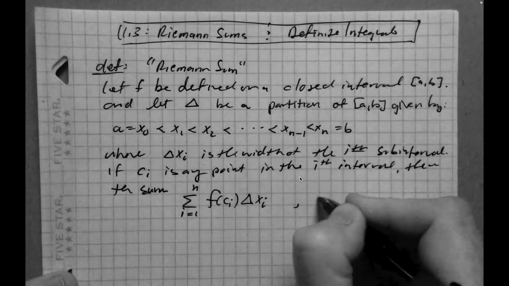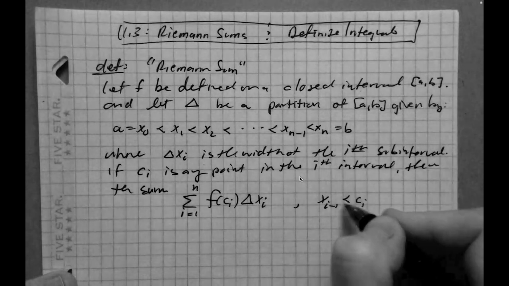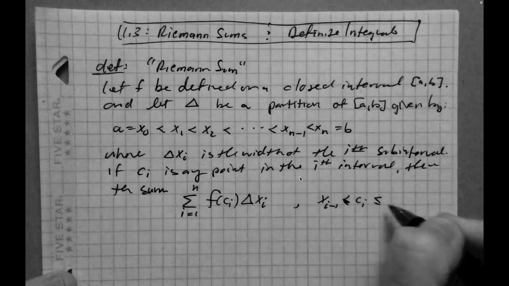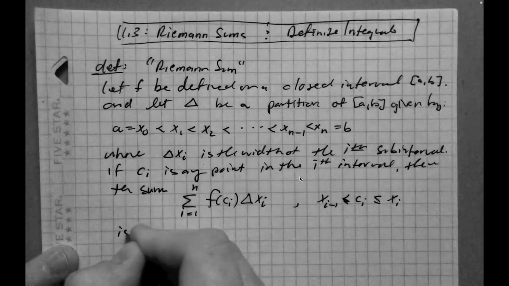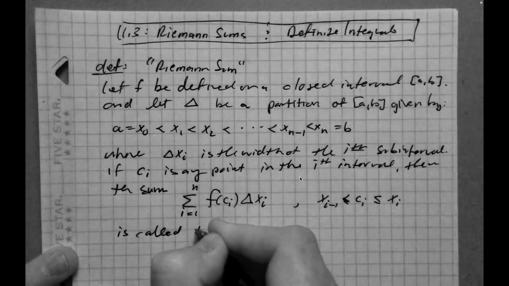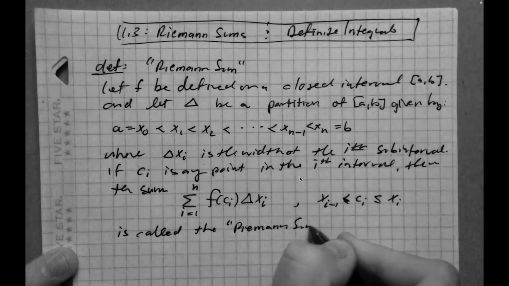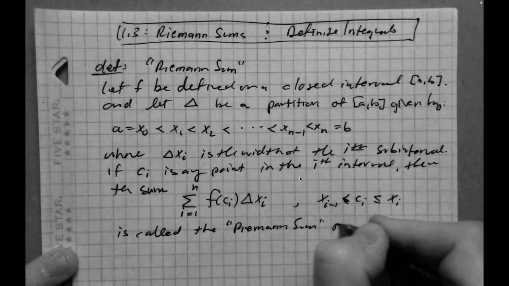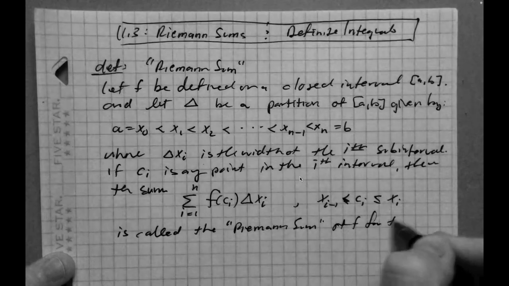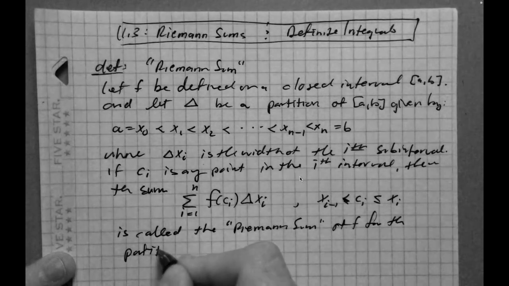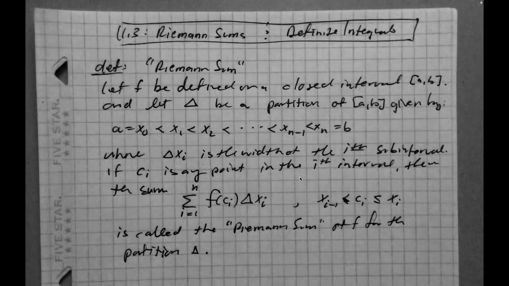Now notice here that xi minus 1 is less than or equal to ci, which is less than or equal to xi. This sum is called the Riemann sum of f for the partition delta.